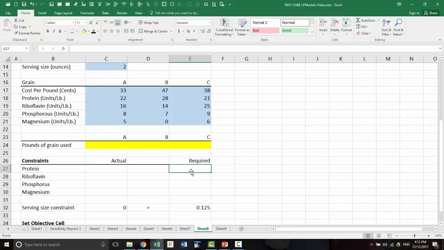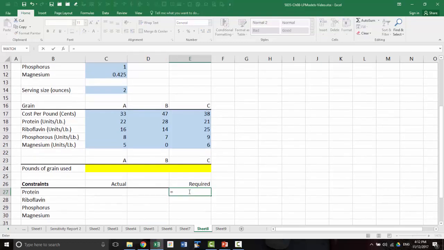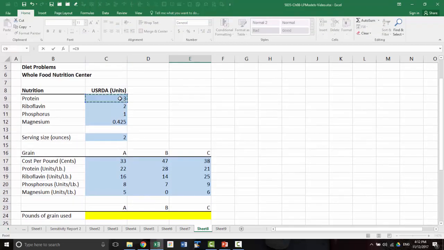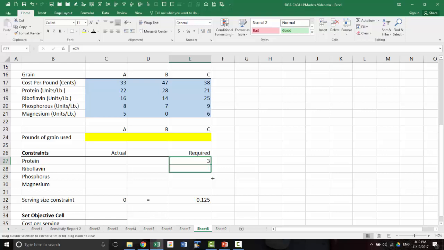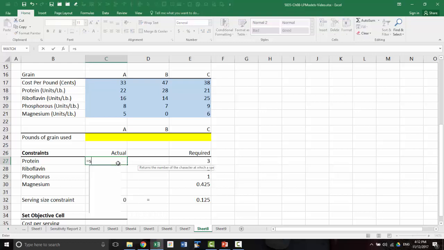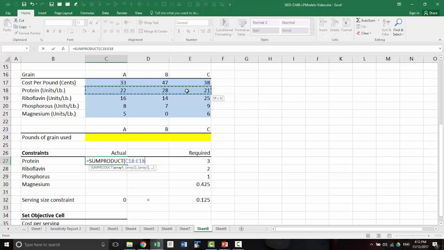Now for each of these, there is the US RDA recommended required amount, and the actuals are the sumproduct of how many units per pound and how many pounds of the grain that we use. How many pounds of the grain we use must be absolute referenced.